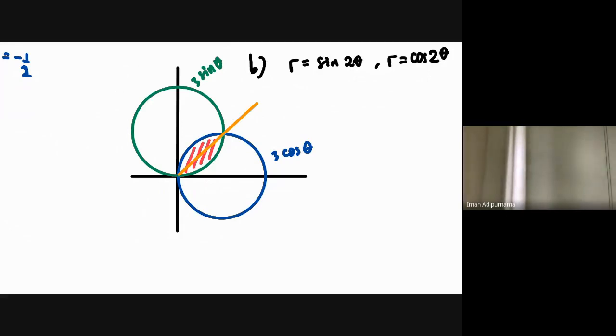If you can find the theta here, the intersection, just by looking at the 3 cosine theta, you can see the area here is just from this theta until pi over 2. You can find that area, right? You can multiply by 2.